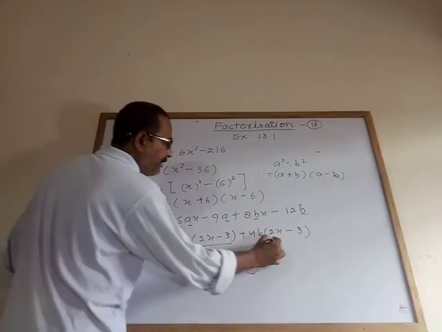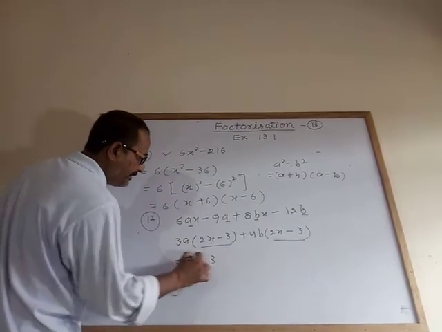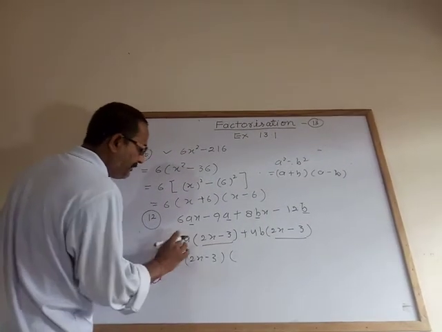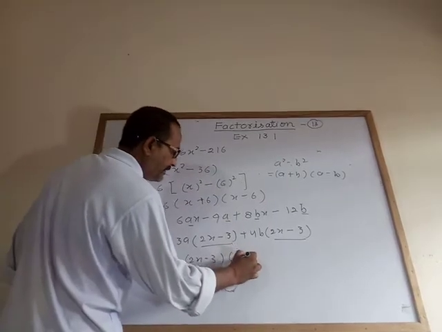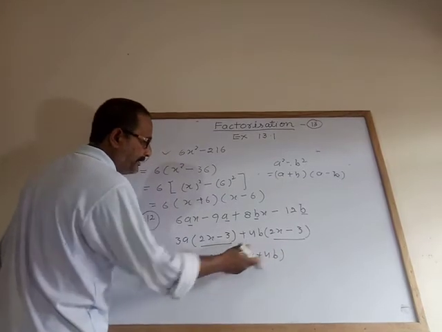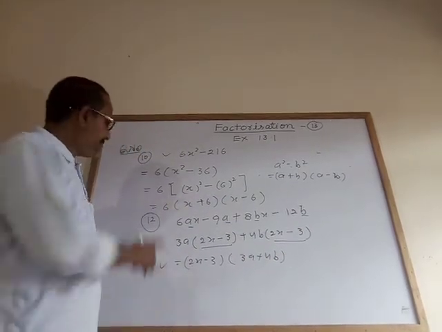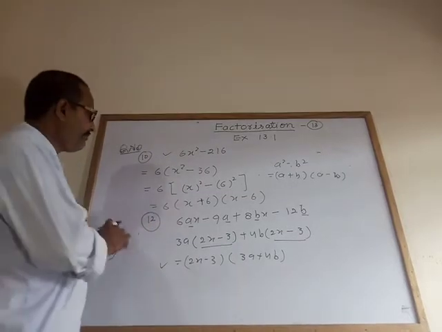Now 2x minus 3 is the common. What is remaining? 3a plus 4b. See, there is no any common factor in that. So this is your solution. This is question number 12.